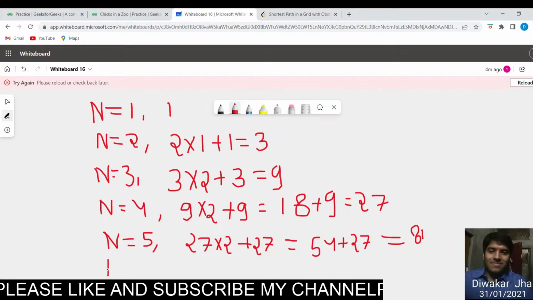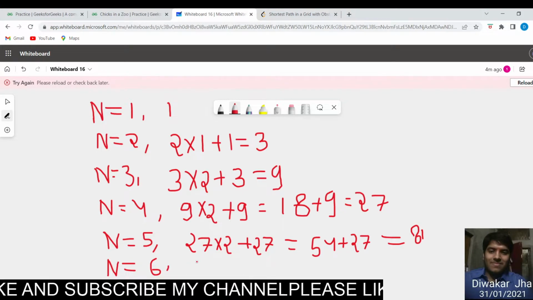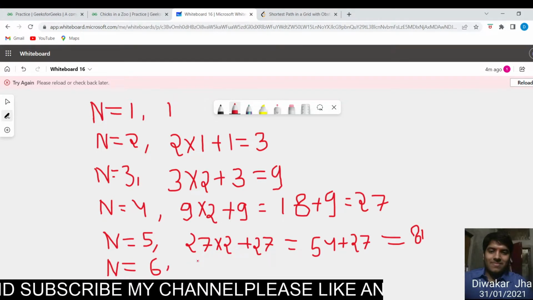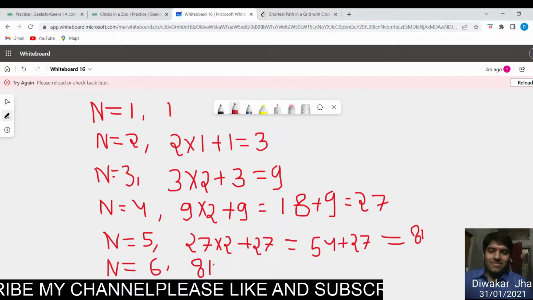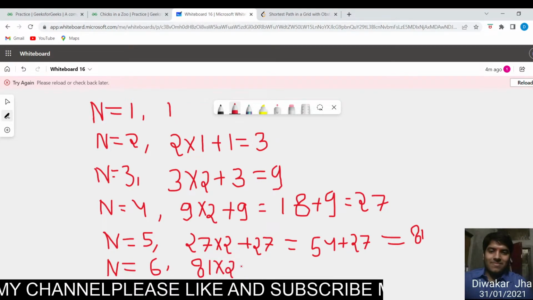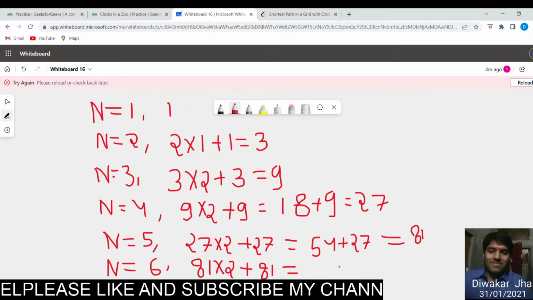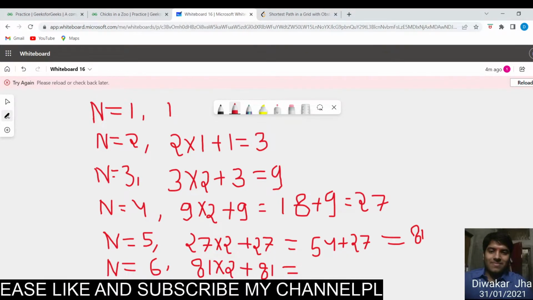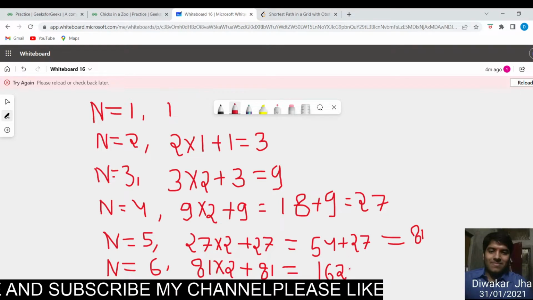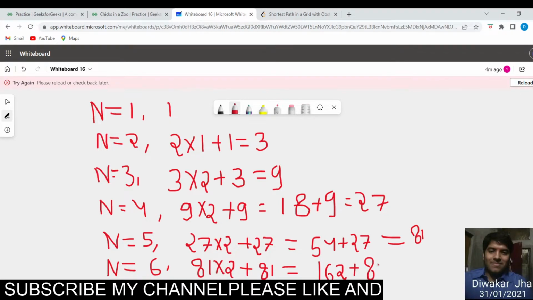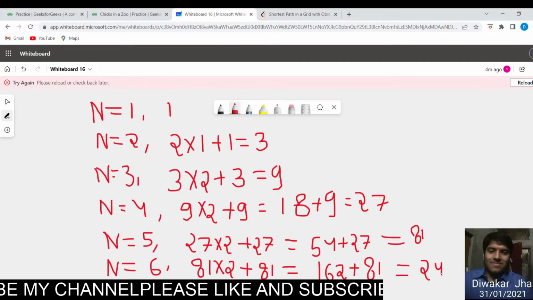On day 6, each chick lives for 6 days. So on day 6, the 81 chicks will produce 2 chicks each, added to the previous 81. So our resultant value is 162 plus 81, that is 243.